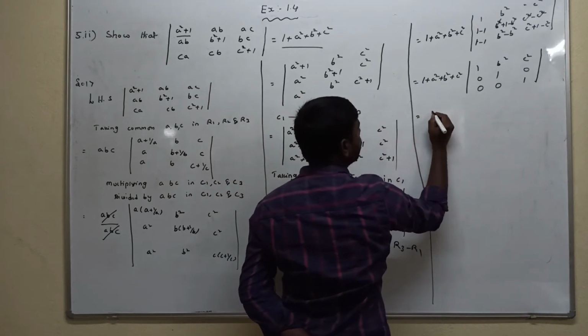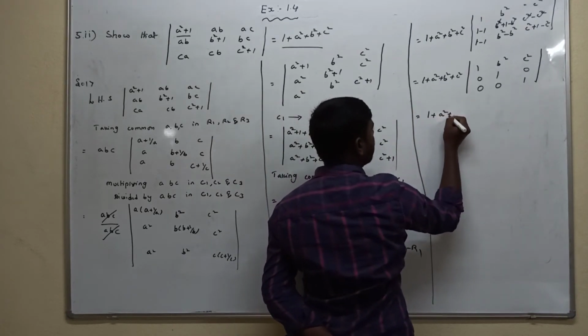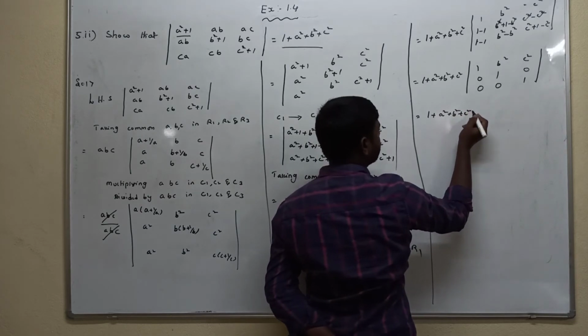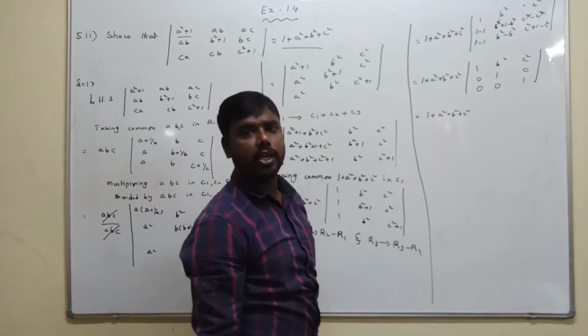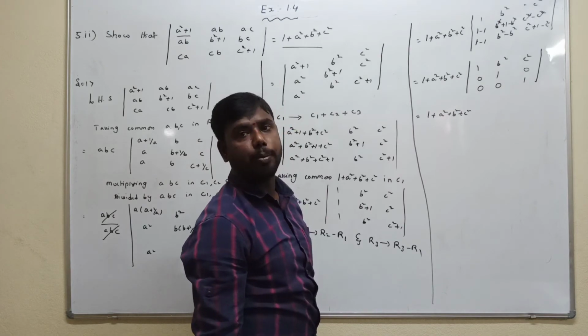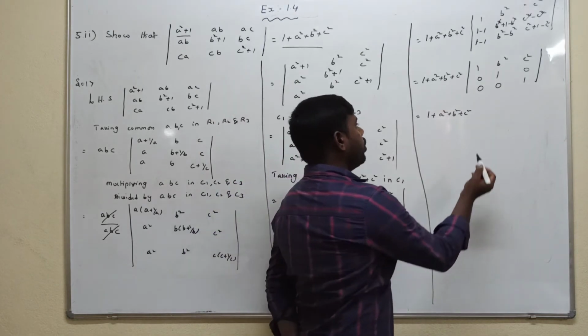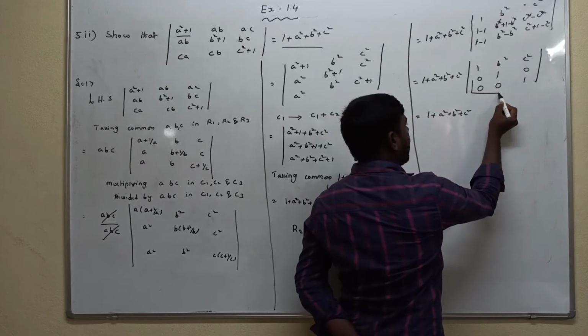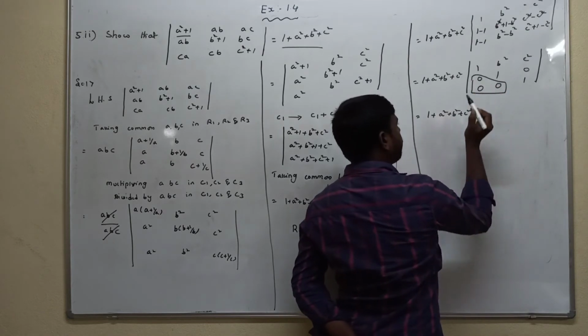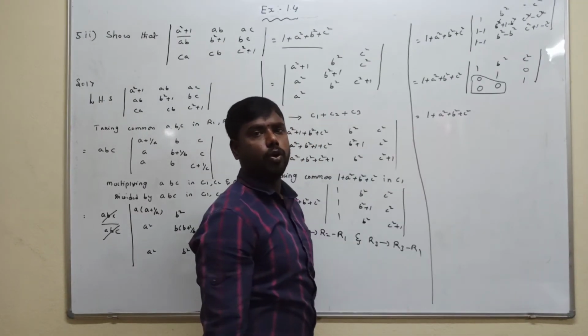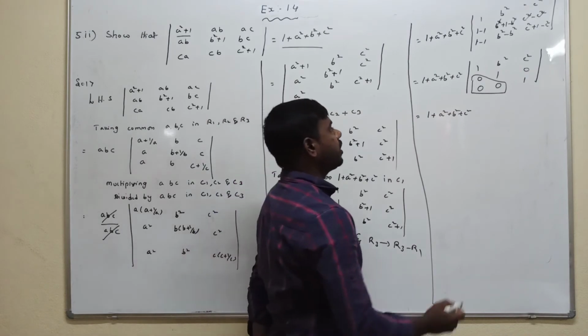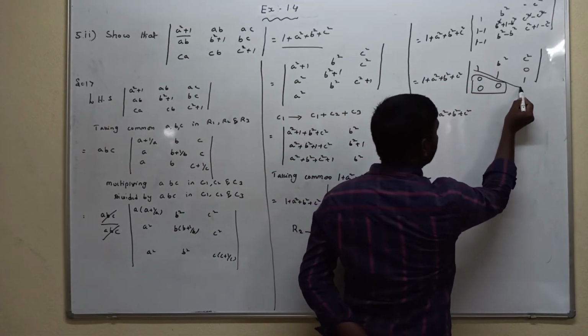Now 1 plus A square plus B square plus C square. Now applying the determinant condition, or else applying property 3. What is property 3? The principal diagonal elements are zeros. Then the determinant is the product of the principal diagonal elements.